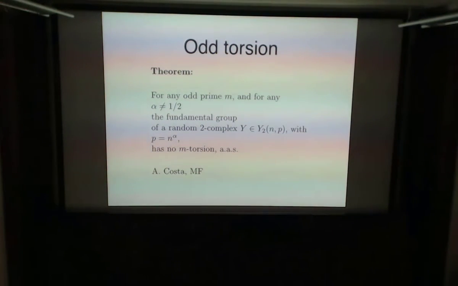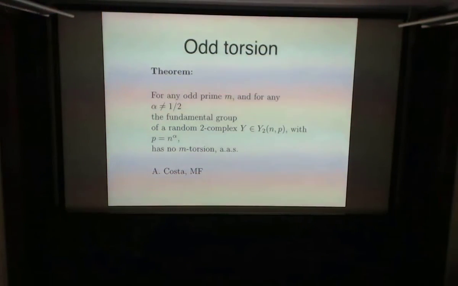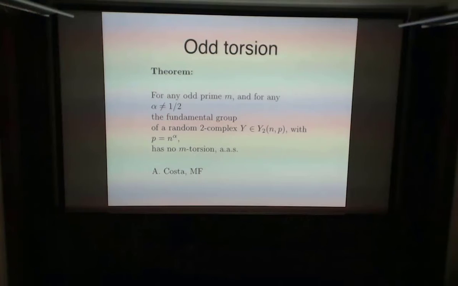It says that for any odd prime m, let's say m equals 3, and for any alpha except 1/2, where we don't know what happens, the fundamental group of this random 2-complex has no m-torsion, asymptotically almost surely. So there is no odd torsion. At the same time it has 2-torsion, but it cannot have 3-torsion, which is surprising.